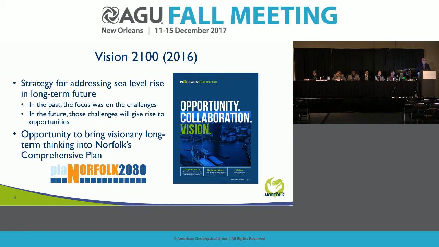I want to talk a little bit about Vision 2100, which was this extremely groundbreaking, unique idea, audacious as can be, that a city can and should look out 100 years toward its future. Why did we pick 100 years? Well, this idea of sea level rise, it's an insidious type of thing.